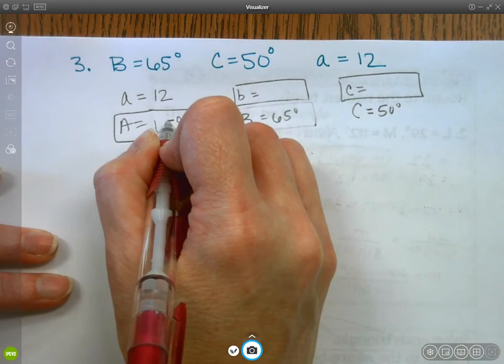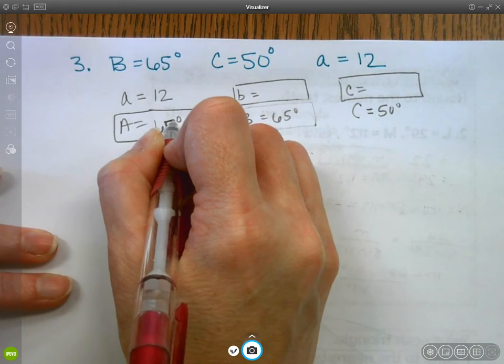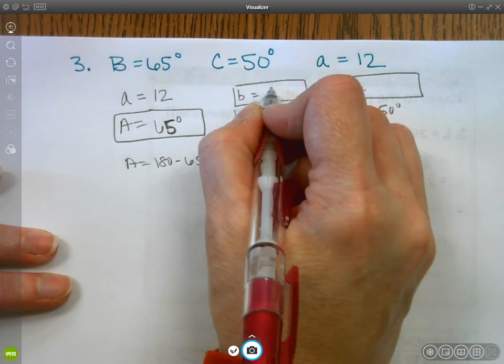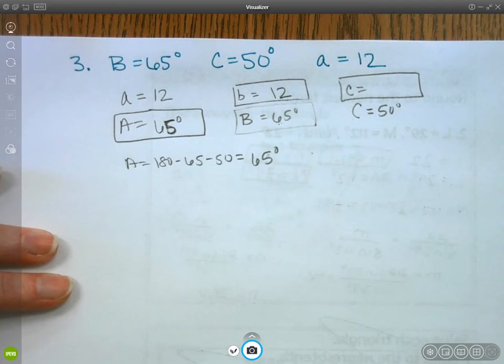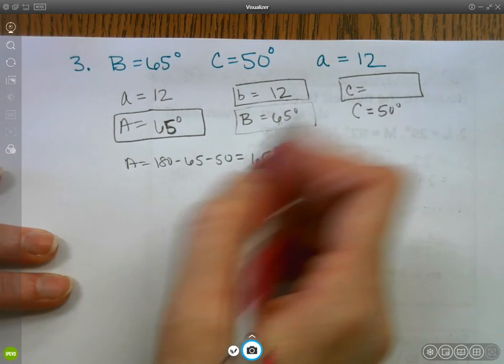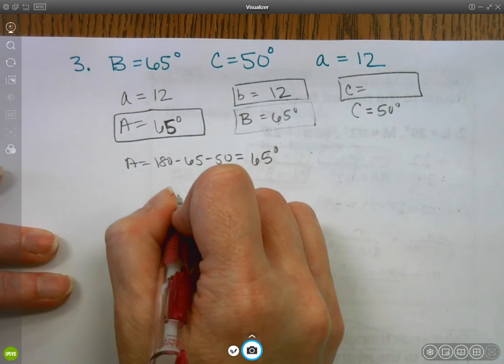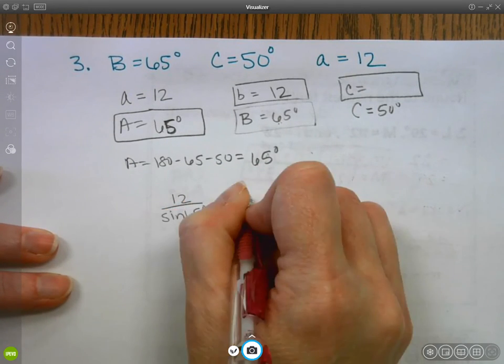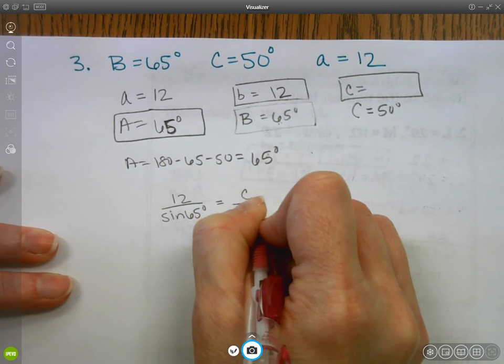Alright, so if we work smarter, not harder, if these angles match, then these sides should match. So I know that this is 12. Then all I have to actually figure out is side C. So I can say that 12 over sine of 65 is equal to C over sine of 50.